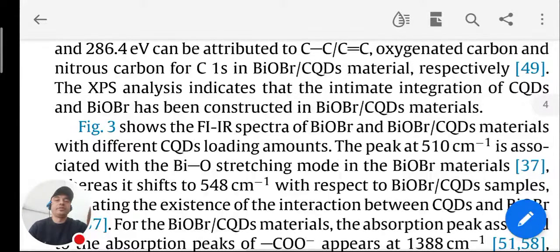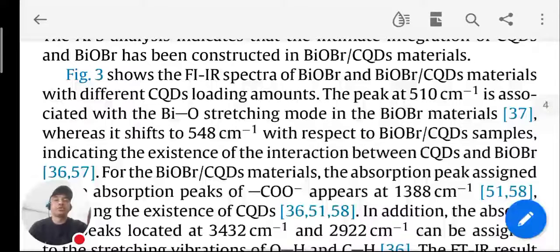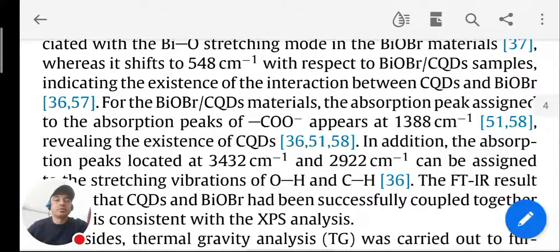However, the FTIR spectra of BiOBr and BiOBr carbon quantum dots material were different. With carbon quantum dot loading, the peak at 510 per centimeter associated with the Bi-O stretching mode in BiOBr material shifts to 548 per centimeter in the BiOBr carbon quantum dot sample, indicating the existence of interaction between carbon quantum dots and BiOBr.